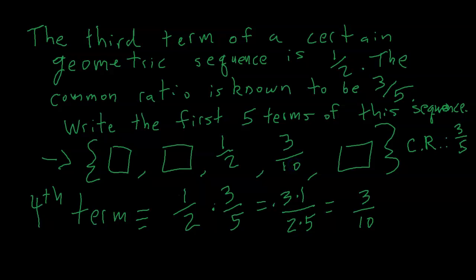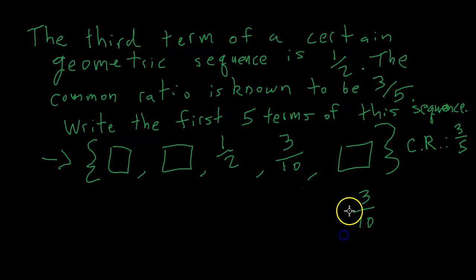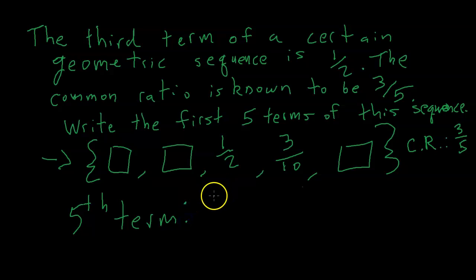Let's make some more room to keep working. How do we find our fifth term? We take our fourth term, which we know is 3/10, and we multiply by our common ratio. So the fifth term is 3/10 times 3/5.